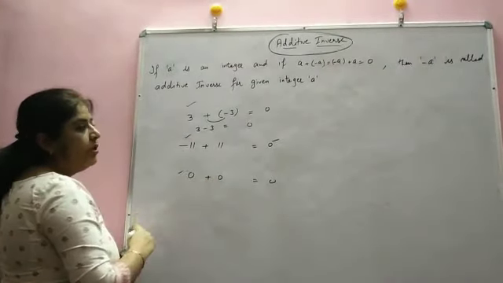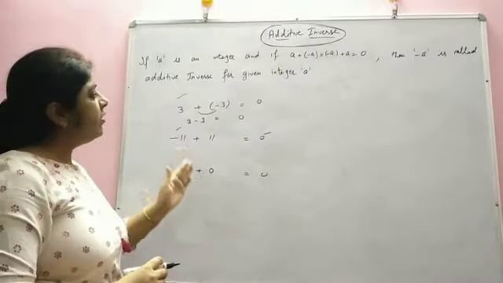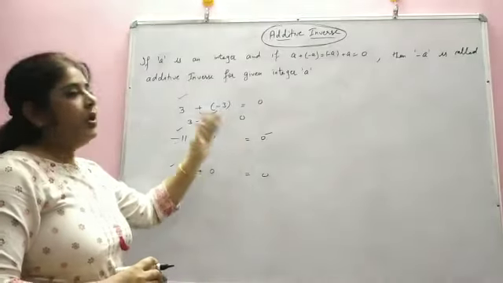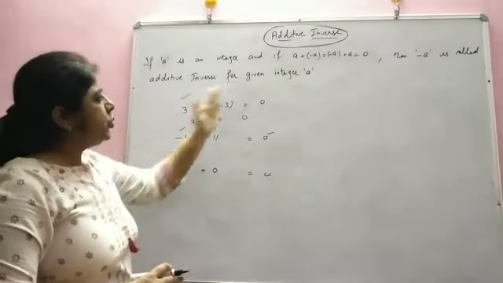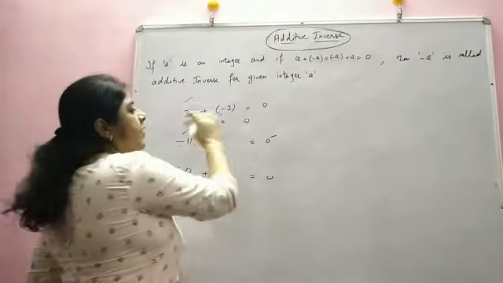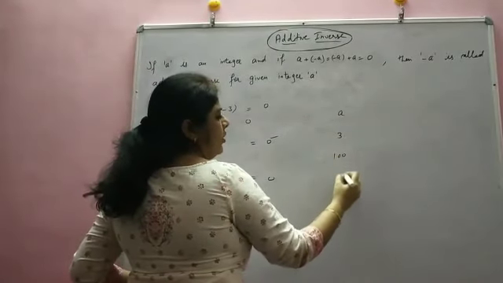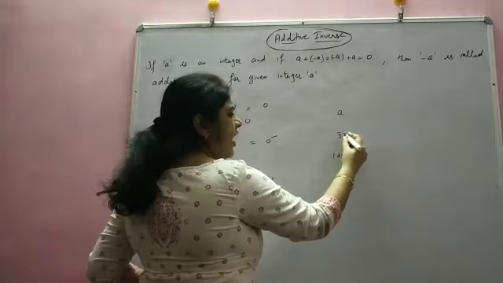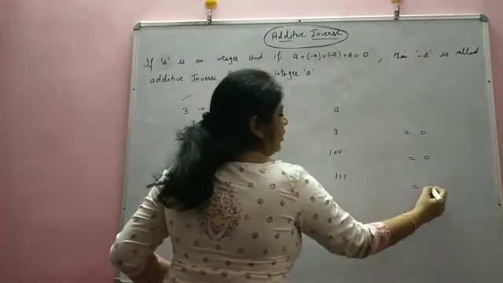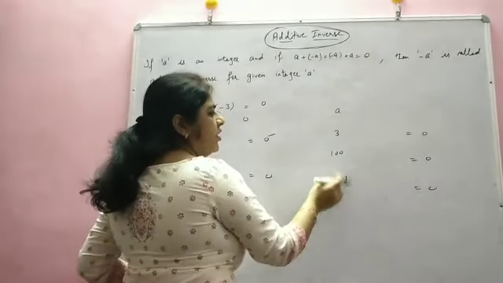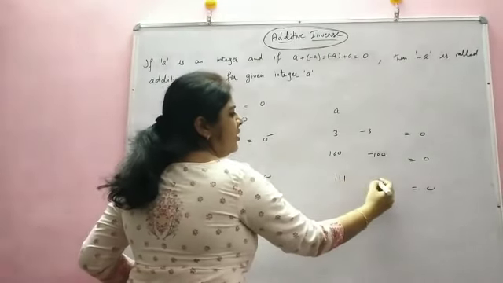Now what should be added to 0 to get the answer 0? 0 itself. Now what we are observing: in the case of additive identity, we were getting the number itself. But now the answer must be 0. What should be added to the integers to get the answer 0? If we have a positive integer, example 3, 100, 111, what should be added to any positive integer to get the answer 0? Take the reverse sign: for 3, take minus 3; for 100, take minus 100, the negative of this.